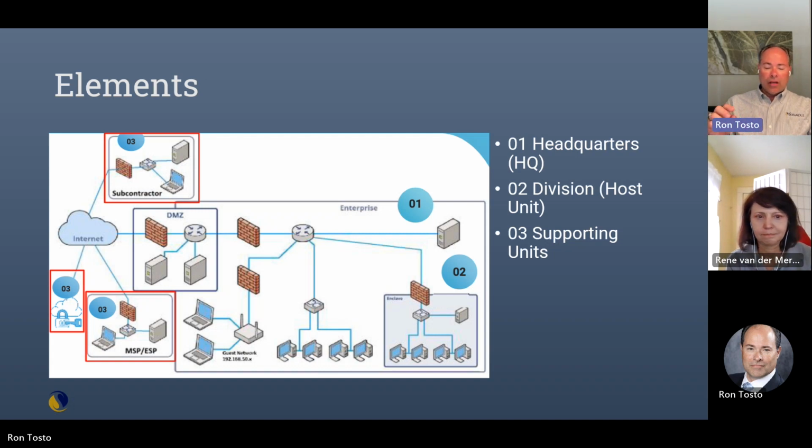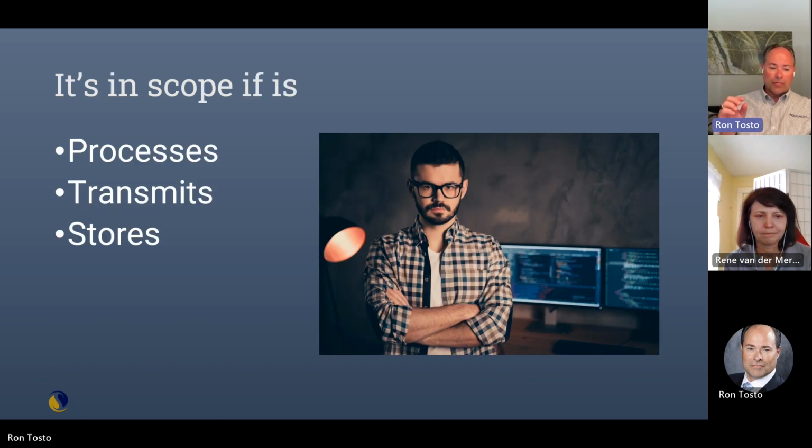So you have to take all these particular elements and decide between people, process, and technology. Any person or technology that processes, transmits, or stores FCI data or CUI will fall under what is considered scope.